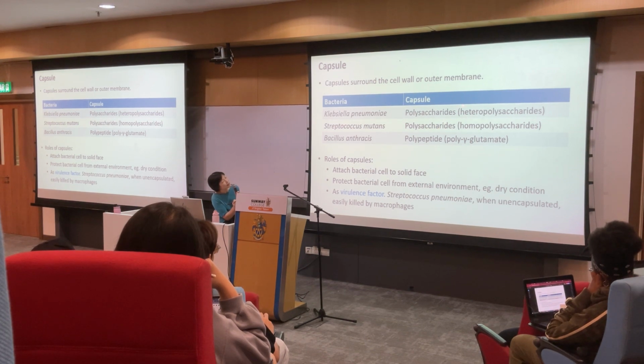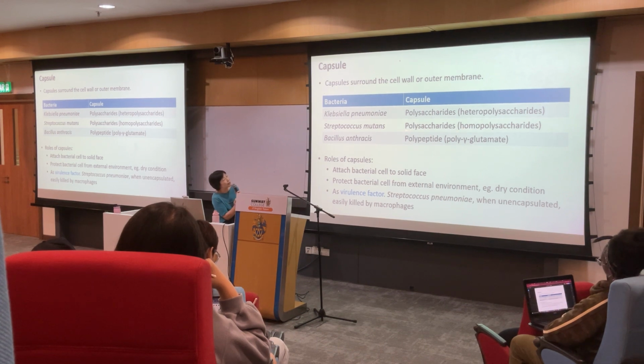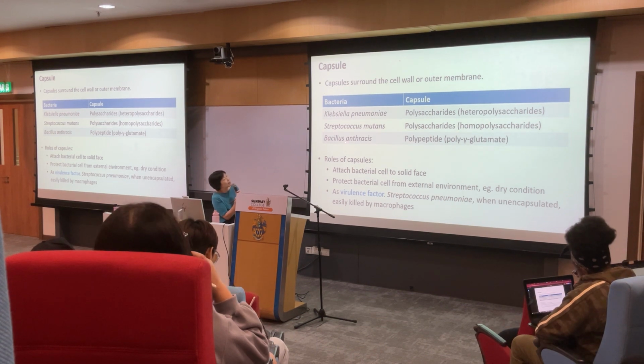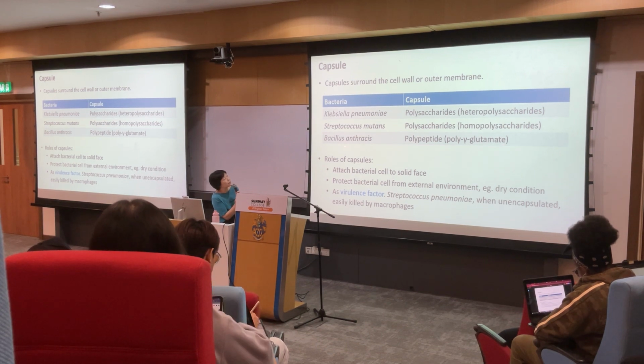Heteropolysaccharide means different carbohydrates, while homopolysaccharide means the same carbohydrate makeup. Bacillus anthracis is slightly different because its capsule is not made of carbohydrate but of a peptide called poly-gamma-glutamate.